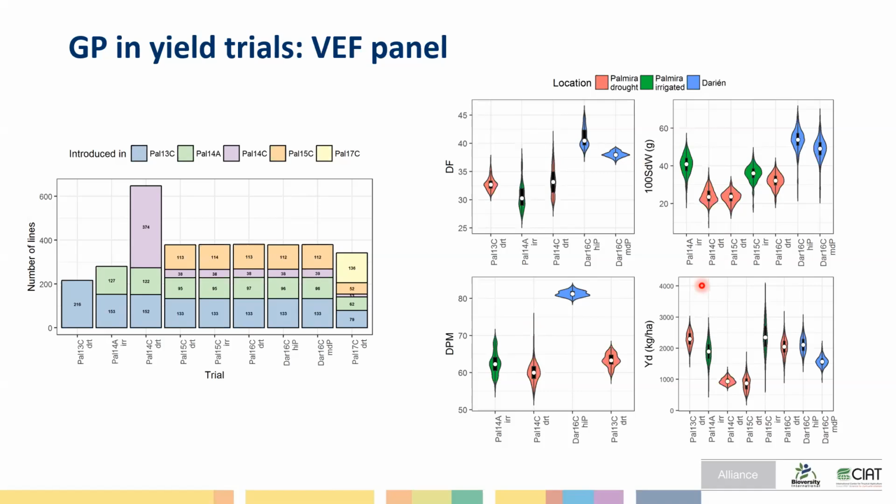These traits were evaluated in 2 different locations: Palmyra, under drought and irrigated conditions, and Darien with different levels of phosphorus. In this picture, you can see the high phenotypic variability that appears in the different trials in all traits evaluated in this study.